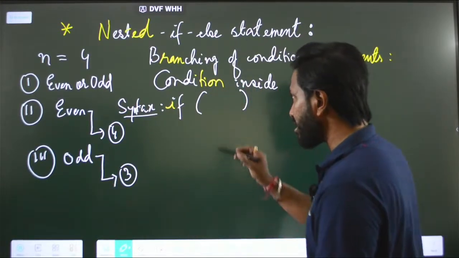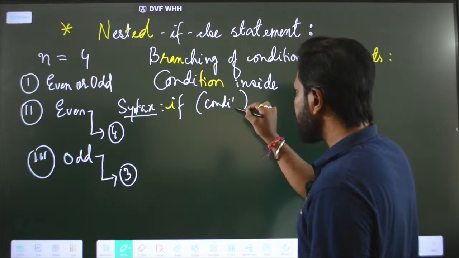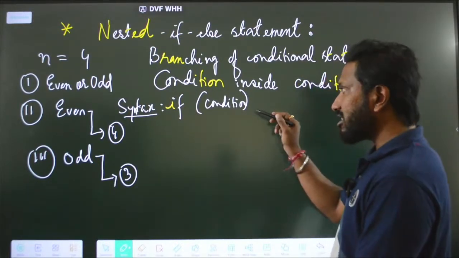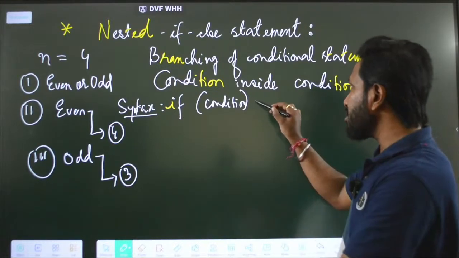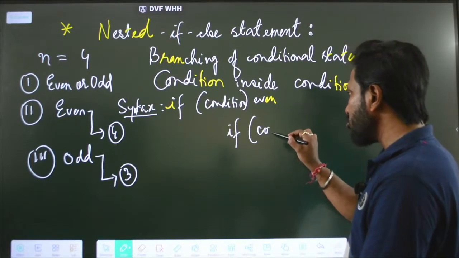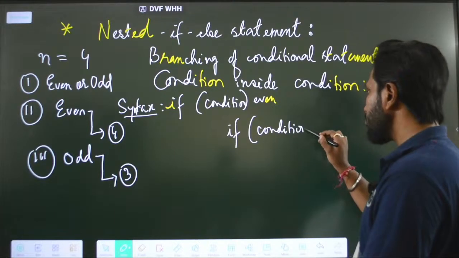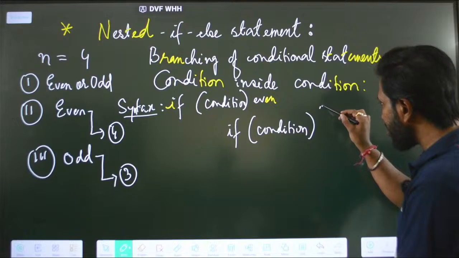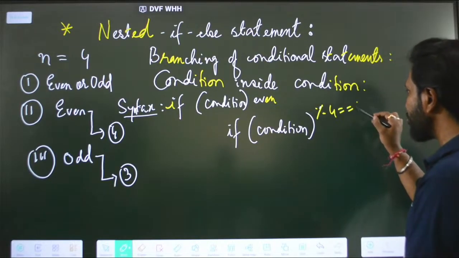So I can write like this: if condition, inside that, so suppose it is an even number, just think of this as an even number, then I will again check one more condition. Say now it is divisible by 4, mod 4 equal 0, just for example.